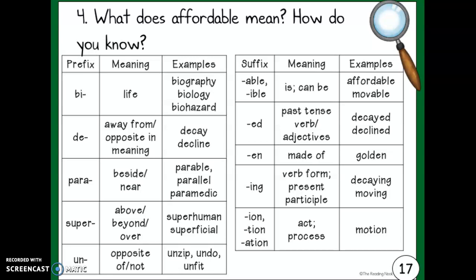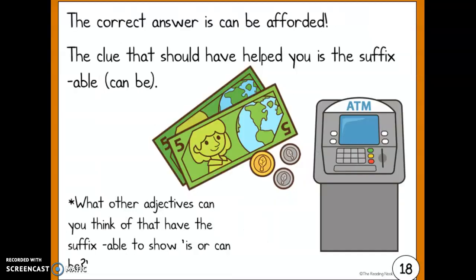And it's even listed in my examples. It says that it means is or can be. So now I'm going to look at the base word, which is afford, so that is A-F-F-O-R-D, and I'm going to think, oh, okay, so affordable must mean that it can be afforded. I could afford it. Let's see if I was right.